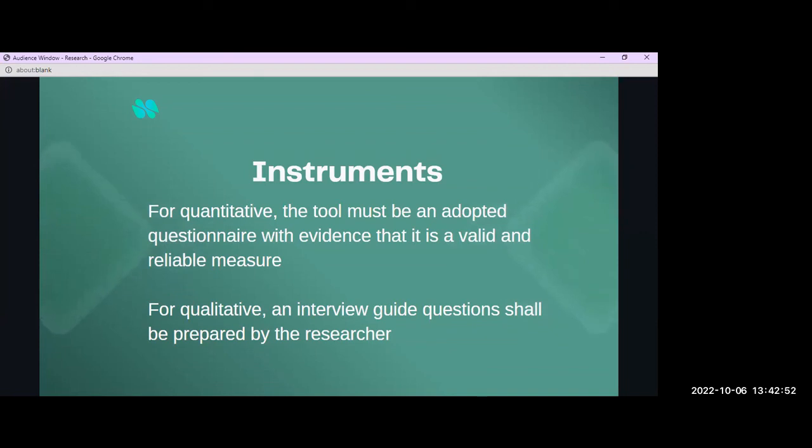So in the interview guide, you have a main question and you should have probing questions. So, kunyari, what are the challenges that you have encountered during the delivery of online lessons? So that is your main question. Then you should have probing questions or follow-up questions.